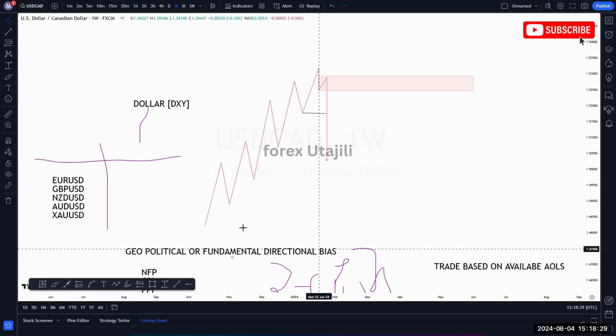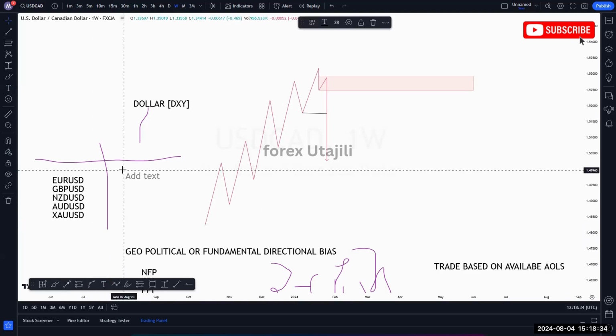So here we have EUR/USD, GBP/USD, NZD/USD, AUD/USD, and XAU/USD. We also have USD/CAD, USD/CHF, USD/ZAR, USD/JPY, because most people don't trade it, and USD/MXN maybe the last one.